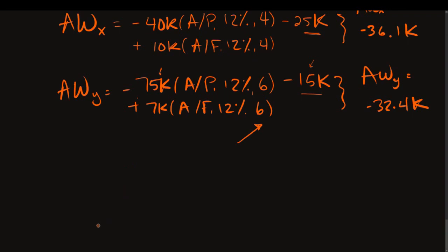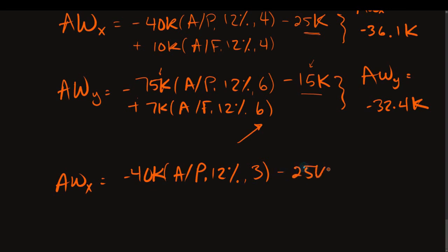But if we go with only a 3-year estimate, then we're going to have AWX. Same thing, 40K, A given P, 12% for 3 years this time, and then minus 25K. Then you use the value that it gave us, which is 14K this time, for the salvage value, right? And that occurs in 3 years.